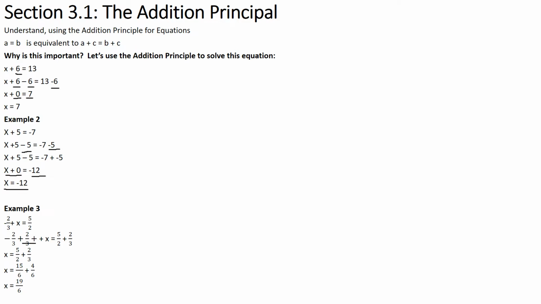So if I add 2/3 to one side, I add 2/3 to the other. I'm left with x equals 5/2 plus 2/3. I have to find a common denominator, and for 2 and 3, it's 6. 5/2 equals 15/6, 2/3 is 4/6. 15/6 plus 4/6 is 19/6.